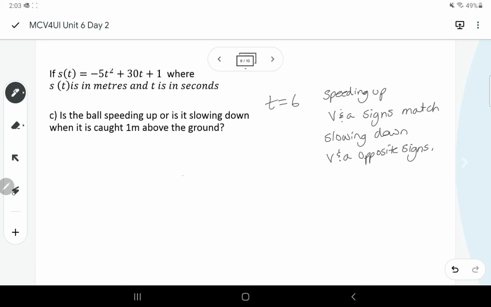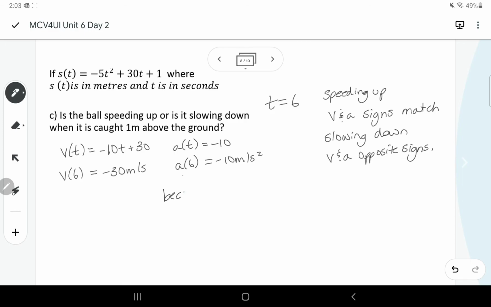So here we've got our velocity function was negative 10t plus 30, and the acceleration, which would be the derivative of the velocity, is just negative 10. So we knew that v at 6 was negative 30 meters per second, and a at 6 is negative 10 meters per second squared. That's just constant, doesn't matter what your t is.